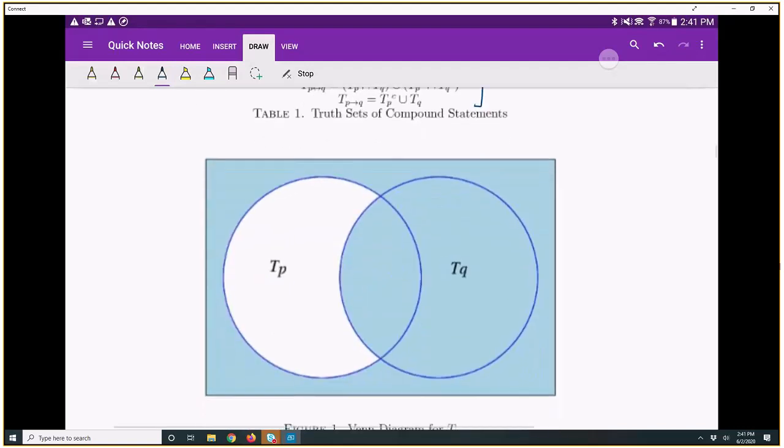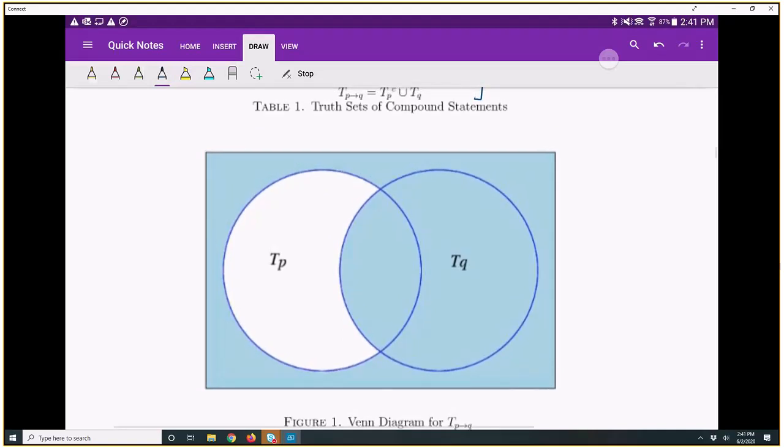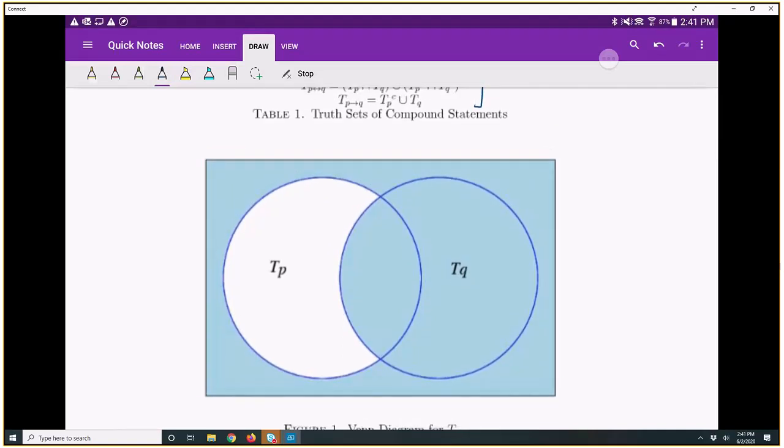So here we see a Venn diagram for the truth set of P implies Q, which we know from above is the complement of the truth set of P union with the truth set of Q. So for the complement of the truth set of P, you get all of this area, and then we throw in the truth set of Q, and this is what we get.